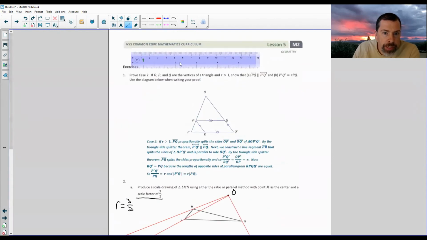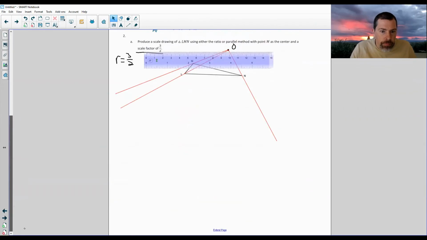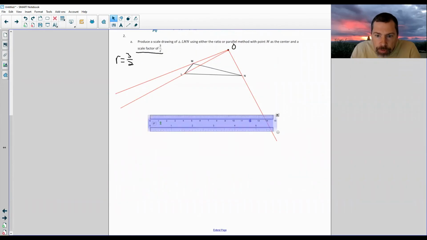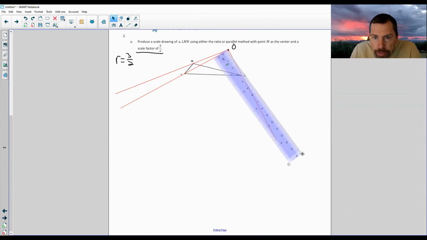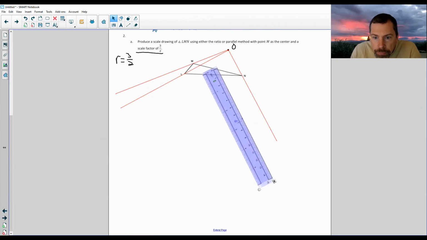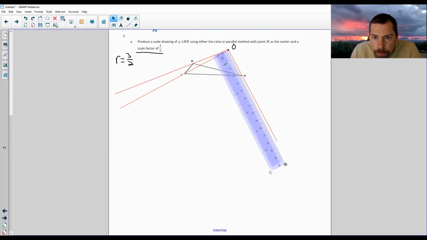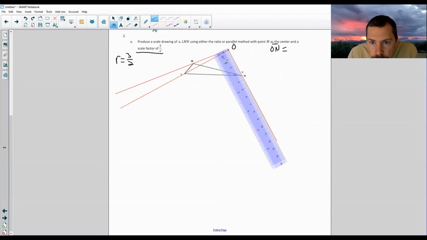And then get a ruler. Bring my ruler down, rotate it, and put 0 right on that point. I'm going to measure ON, and I'm going to say that the length of ON equals 3.5 centimeters.